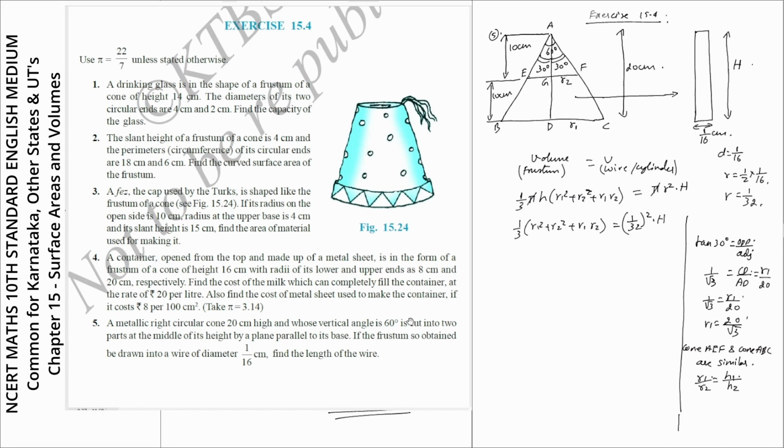Now substitute the values. r1 is 20 by root 3, so 20 by root 3 by r2 is equal to h1 by h2. The height of the bigger cone is 20, the height of the smaller cone is 10. So the 0s will get cancelled, 2 will be left. Now 2 1s are 2, 2 10s are 20, and after cross multiplication I will get r2 is equal to 10 by root 3.